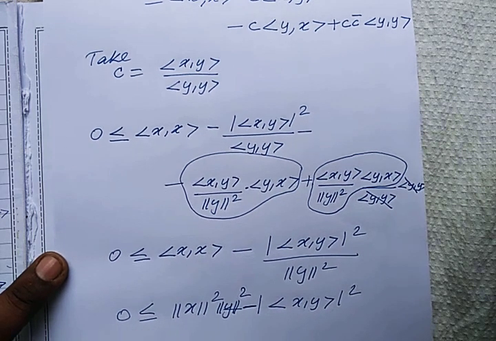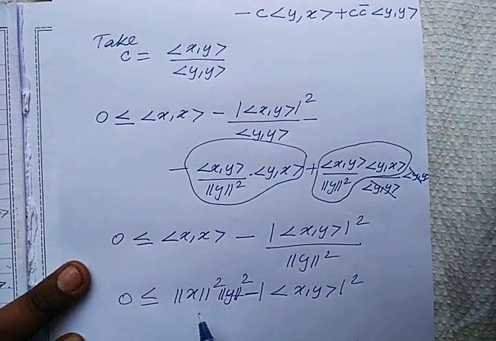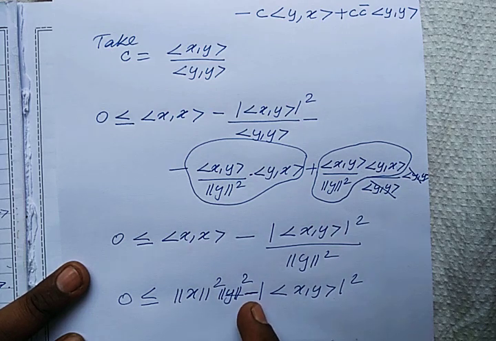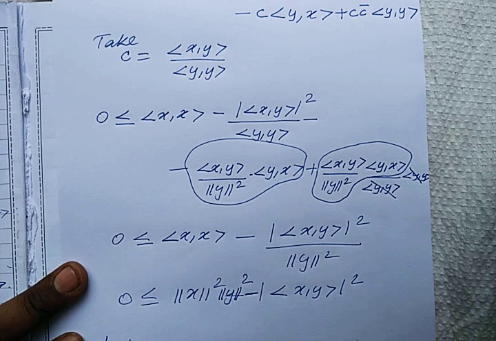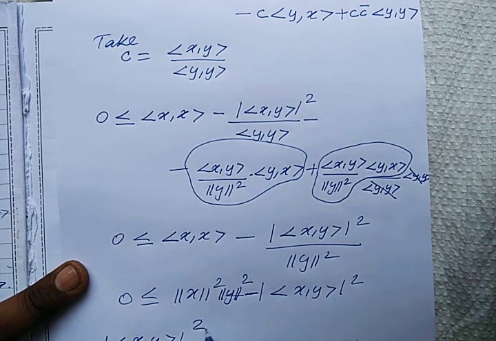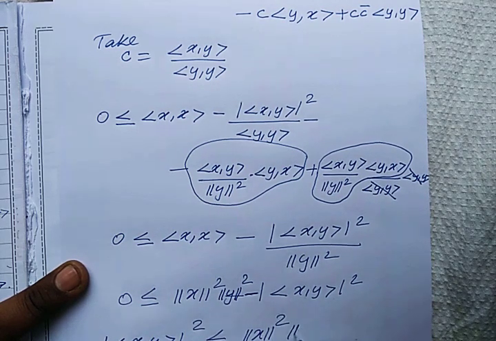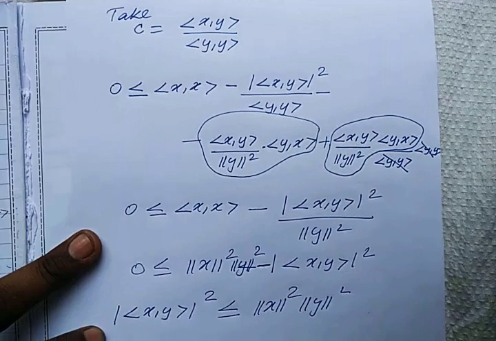Multiplying on both sides, we have got the inequality. Taking the minus term to the left side, the modulus of the inner product of x comma y the whole square is less than or equal to norm x square into norm y square.